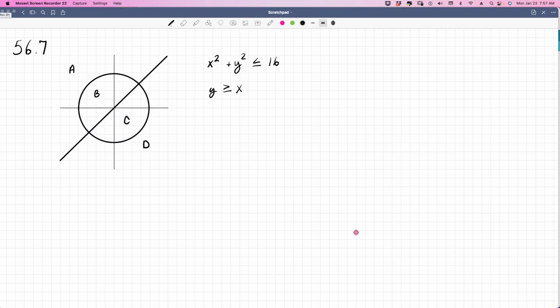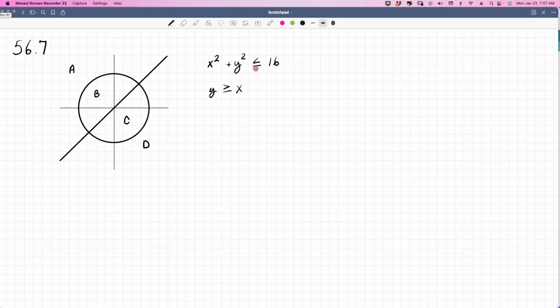All right, so here we have a circle and a line in this system of equations. And we need to pick the point or the area of points that is true for both. So here I have that x squared plus y squared is less than or equal to 16.